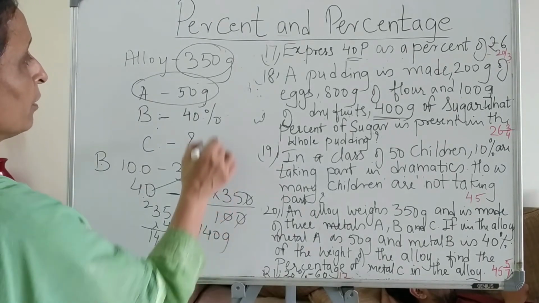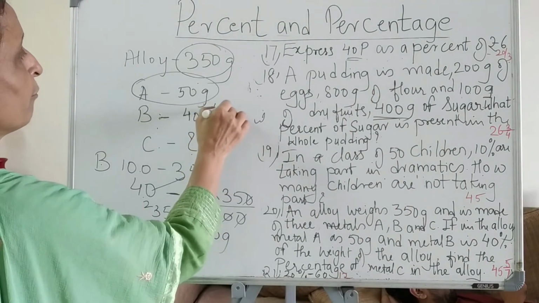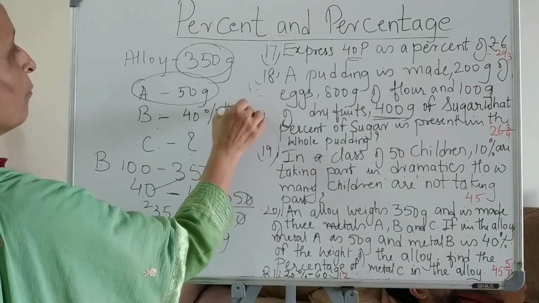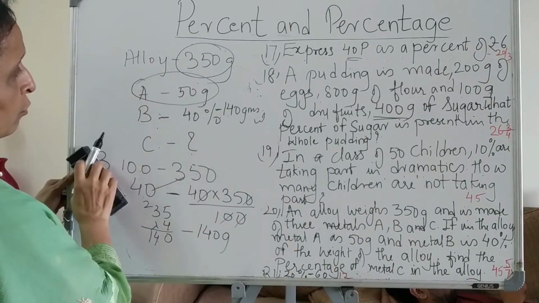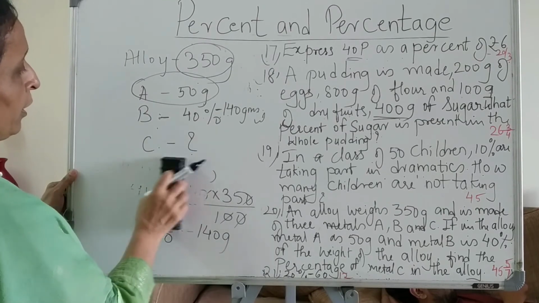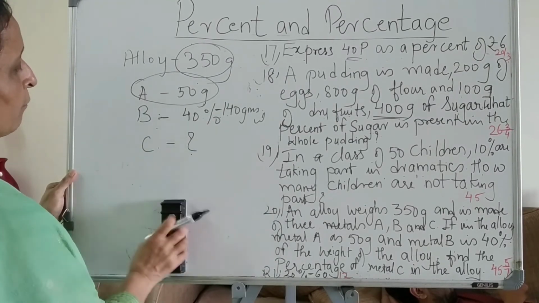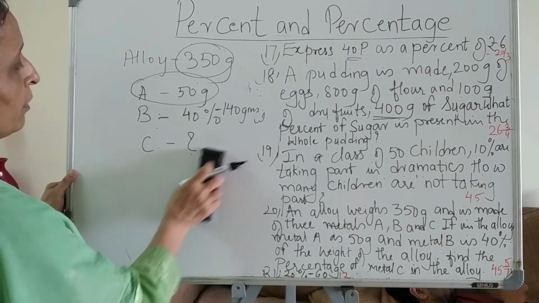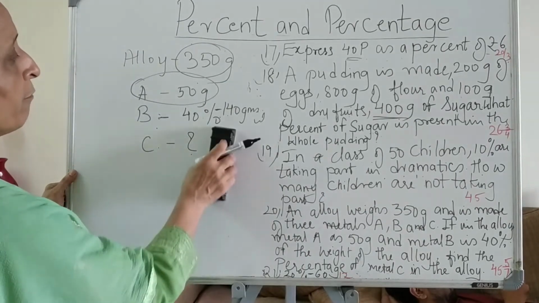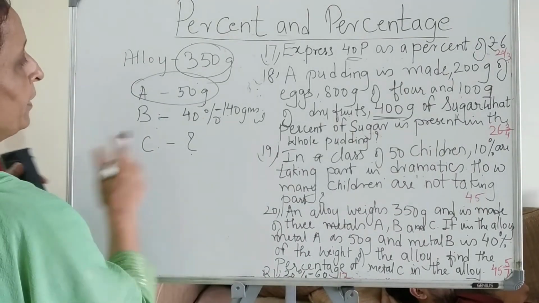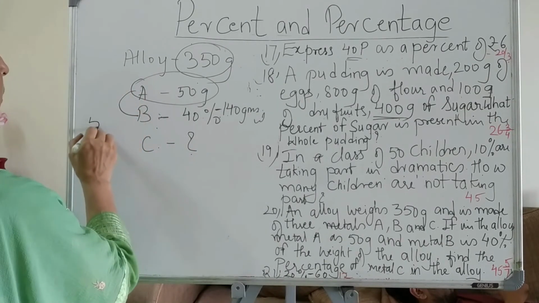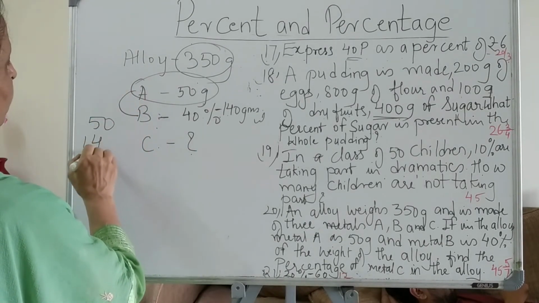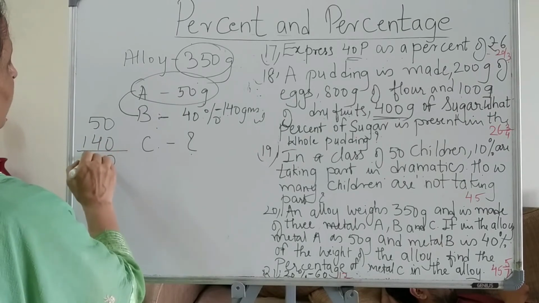So how much quantity is B metal? 140 grams. Now 50 and 140 you total and subtract from 350 to get the quantity of C, and from that you have to find out the percentage. So A plus B is how much? 50 plus 140, it is 190.